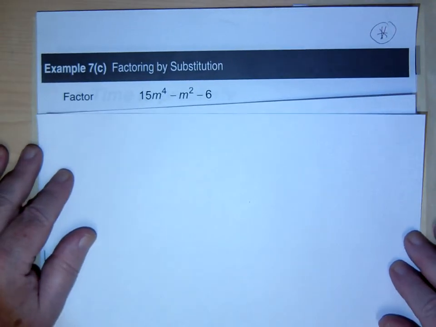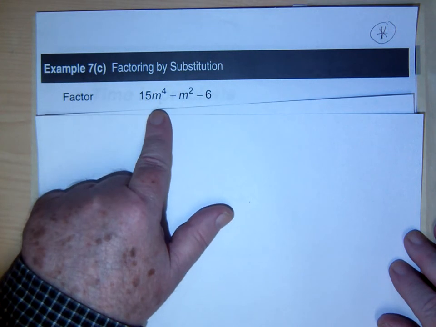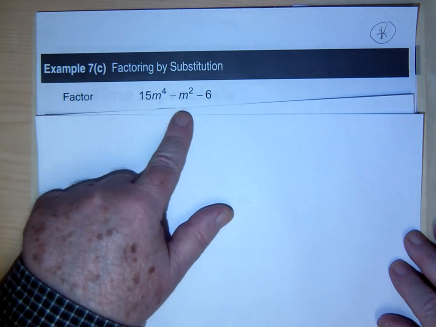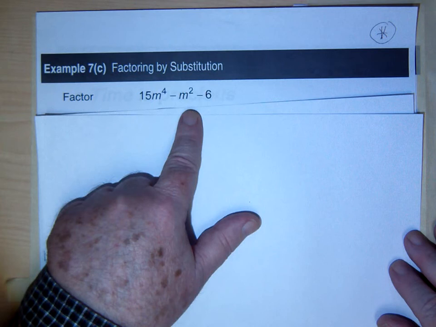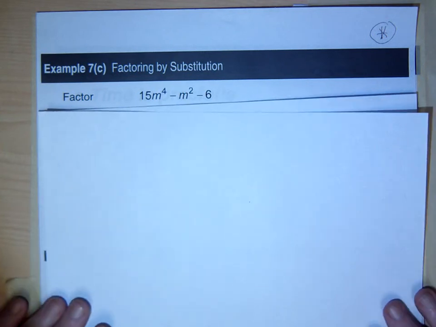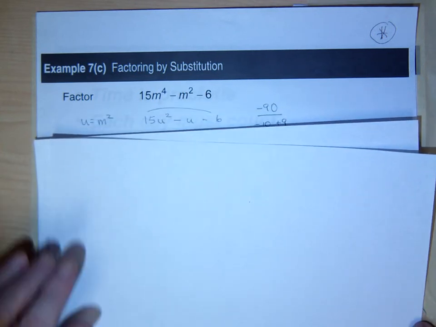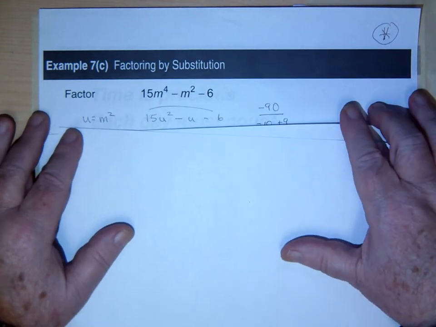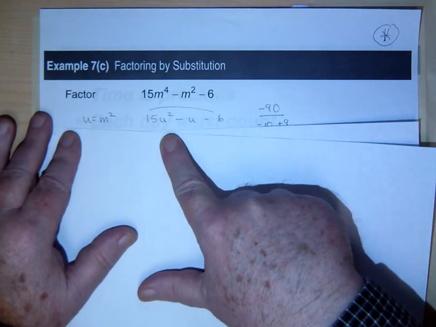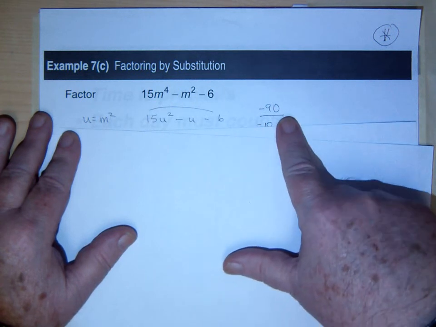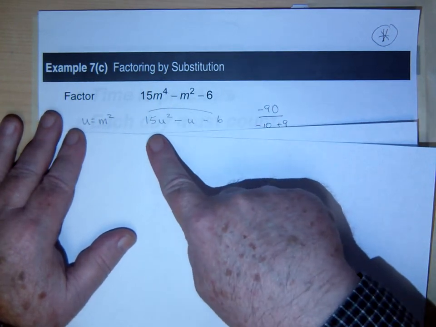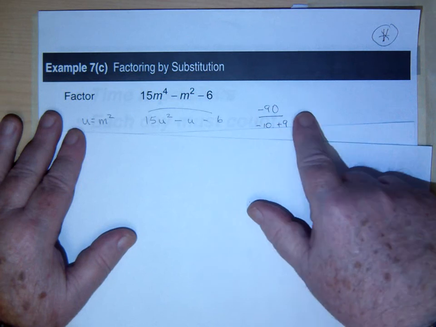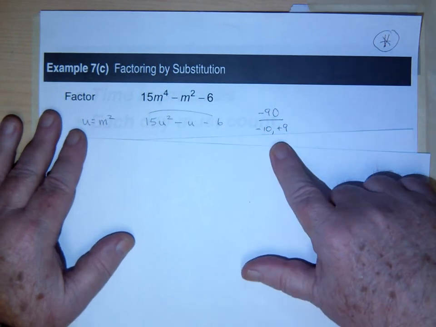Also, now on this one I see that it is m to the 4th, m squared, and m to the 0. So each time it drops by a factor of 2, that motivates the substitution u equals m squared. So if I replace everywhere I have m squared with u, I get this. And when I take 15 times minus 6, I get negative 90. I'm seeking numbers that will multiply together to give negative 90, such that their sum is the middle coefficient.